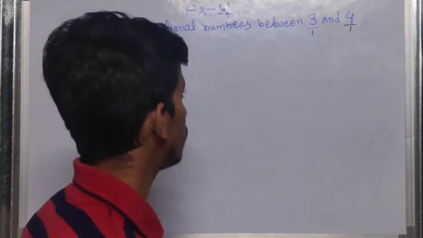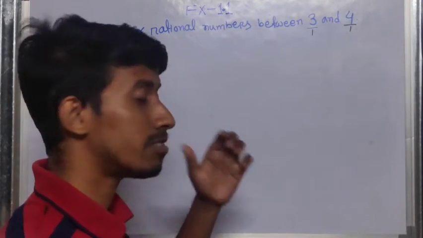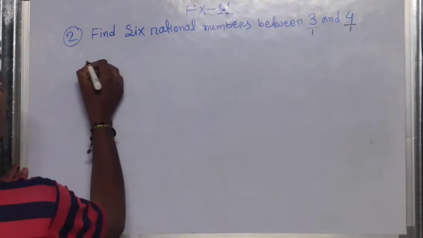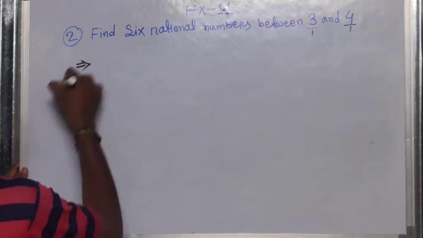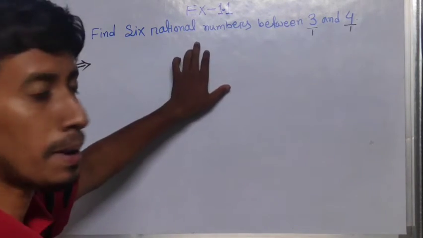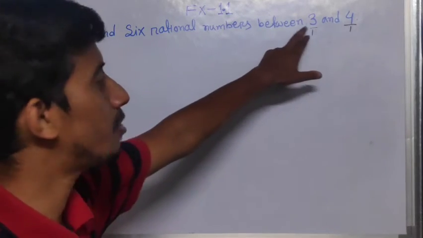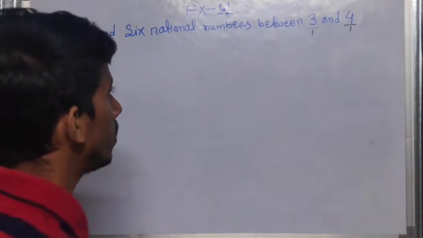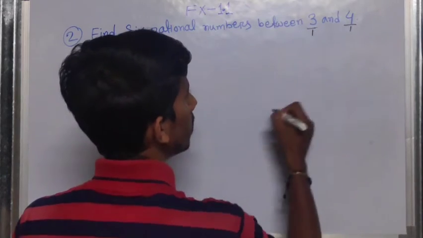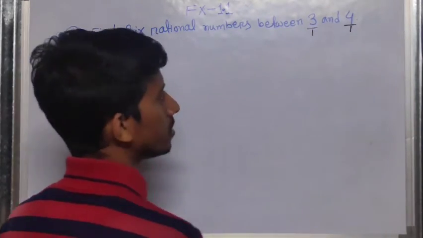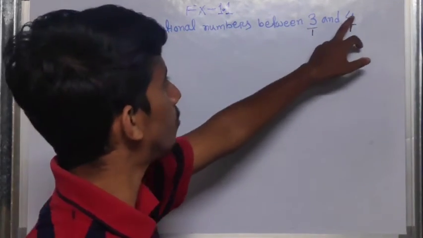Now let's start our solution. How do you find 6 rational numbers between 3 and 4? Suppose here 3 by 1 and here 4 by 1, in the form of p by q.